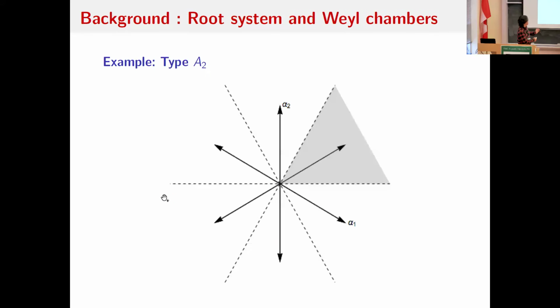So this is an example of the root system and Weyl chambers of type A2. Here, the Weyl chamber is colored gray. As shown, the set of Weyl chambers is a complete non-singular fan.